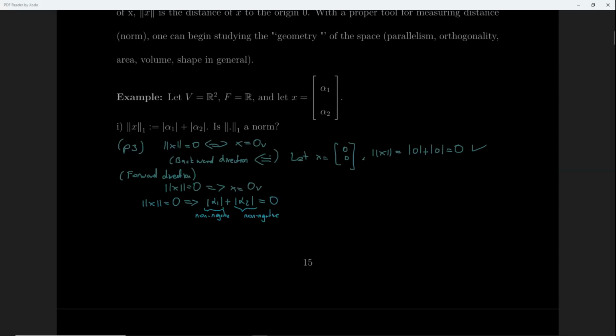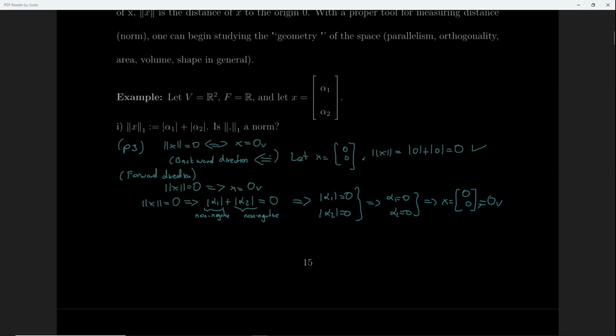And I am summing up two non-negative numbers and their sum is equal to 0. So that is only possible if both terms are equal to 0, right? The first term is equal to 0 and the second term is equal to 0. And if the absolute value of alpha 1 is equal to 0, then alpha 1 is equal to 0. And if the absolute value of alpha 2 is equal to 0, then alpha 2 itself is equal to 0. Which means that x is equal to 0, so that is the 0 vector.